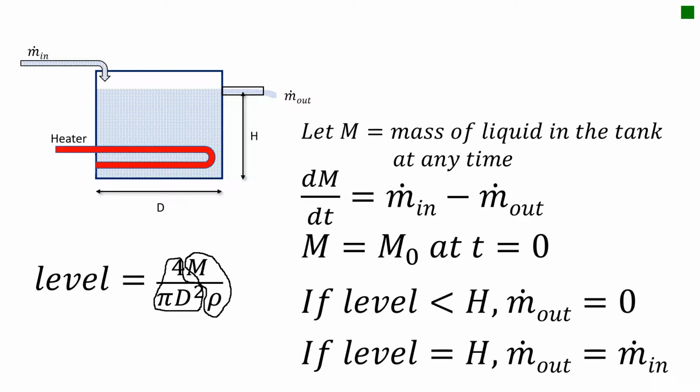The volume over the area will give me the level that I'm seeking. As long as this level is less than the overall tank height H, I will not have any flow rate coming out. But as soon as the level reaches H, then I'll have flow rate coming out, and that will equal the flow rate coming in.